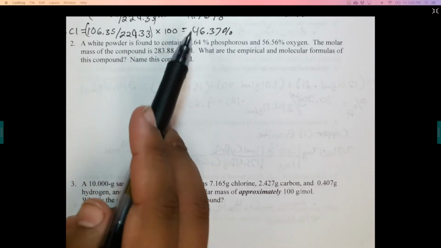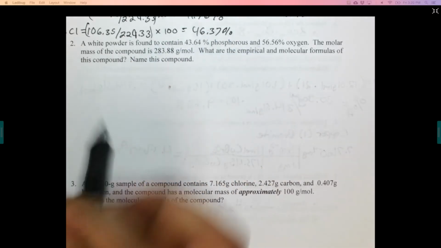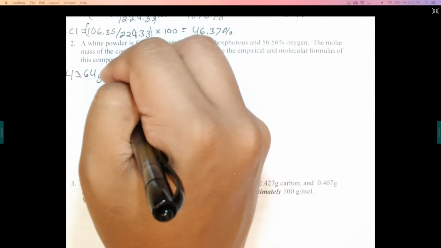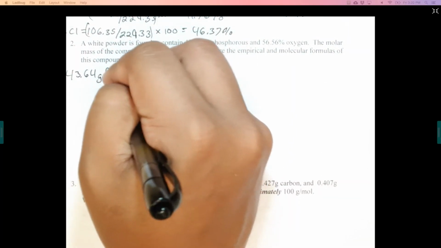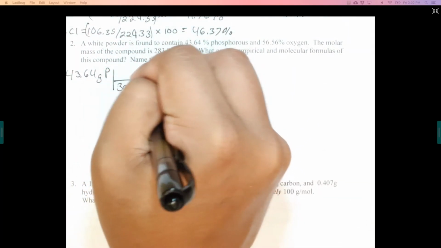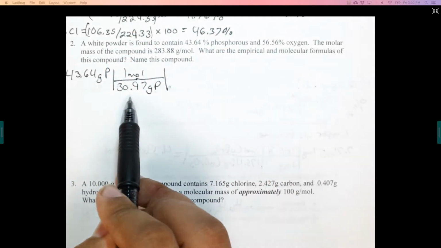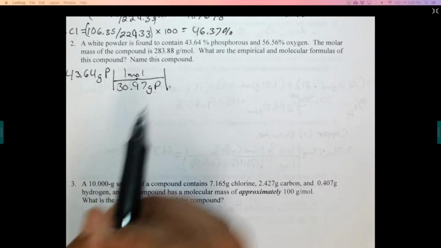So, first thing we do is we assume 100 grams. Therefore, we're dealing with 43.64 grams of phosphorus. We might as well go ahead and convert that to moles since we know we're going to need that. 30.97 grams of phosphorus per 1 mole. Remember, I got this value from the periodic table.